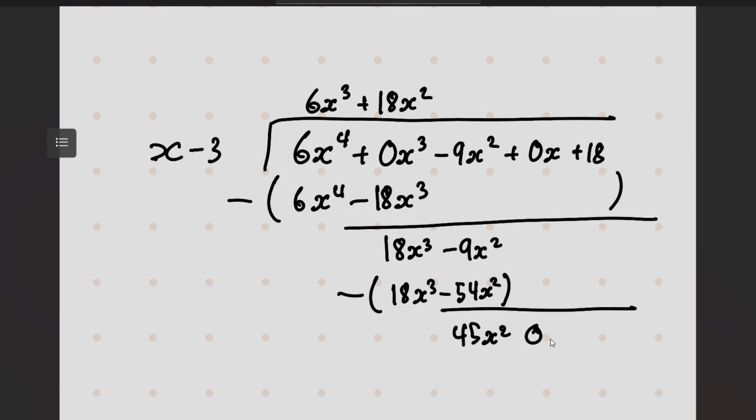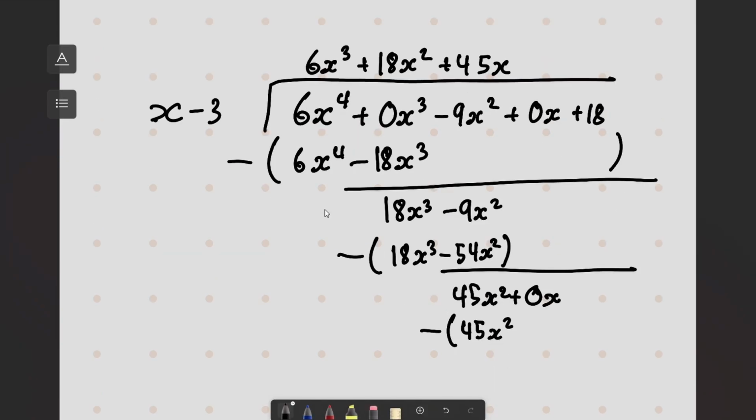We're going to have 0x here, minus, now you're going to have 45x actually. So 3 times 45 is 135, which is pretty much negative 135x here. And you're going to get 135x plus 18 at the end.